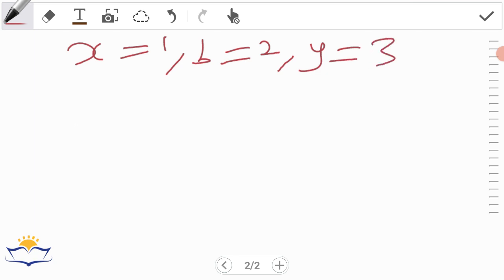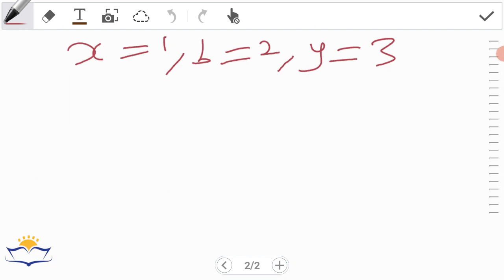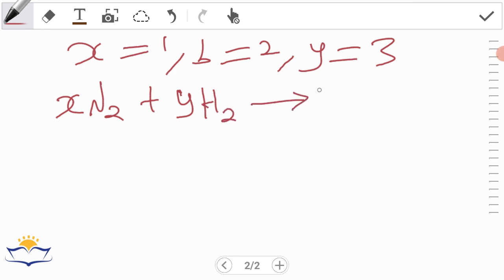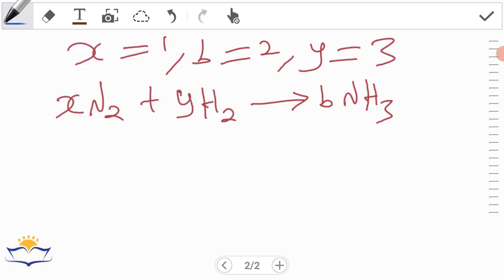The chemical equation ija inali X N2, Y H2, B NH3. Bas tengo banga substitute back variables aja, sitapeza kuti X ndi 1, ndotapatika ndi 1 N2, koma since ndi 1 tingolemba kuti N2.